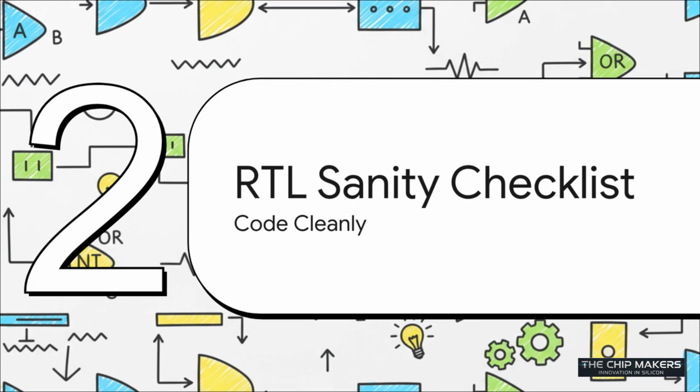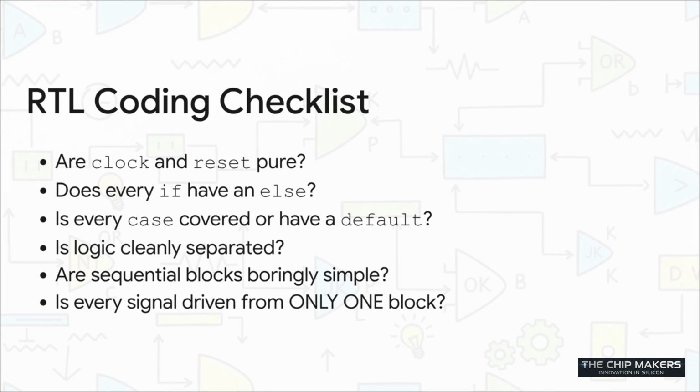All right. We've made it through the 3 unforgivable curses. So the big question is, how do you make sure you're not accidentally casting these spells on your own code? Well, you use a sanity checklist every single time. So here it is. This is the checklist you can run through. Just ask yourself these questions about your code. First, are my clock and reset signals totally clean, only showing up in the sensitivity list of my sequential blocks?